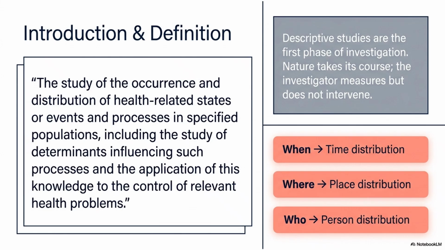We are just allowing nature to take its own course. And we are going to describe the disease by time, place, person distribution. Time means when the disease happened, place means where the particular problem happened, and person means who are the affected persons. So mainly descriptive studies will describe the disease in time, place, person distribution.